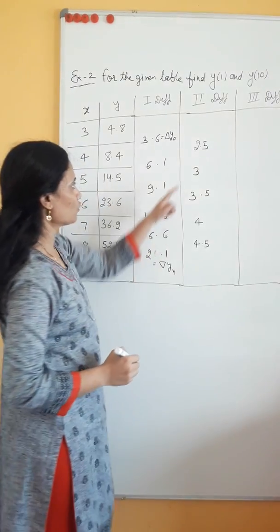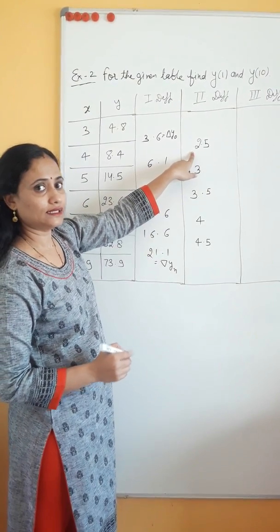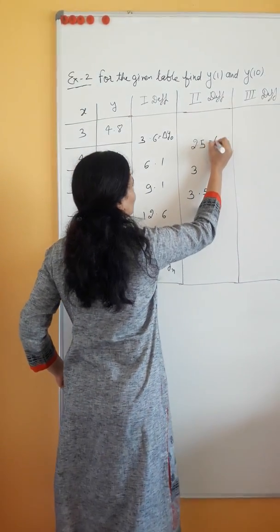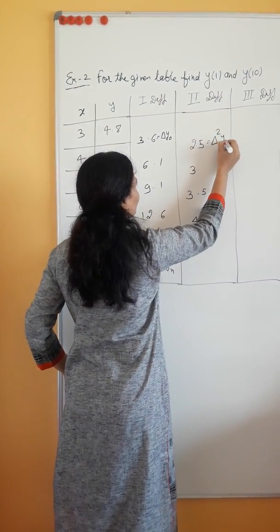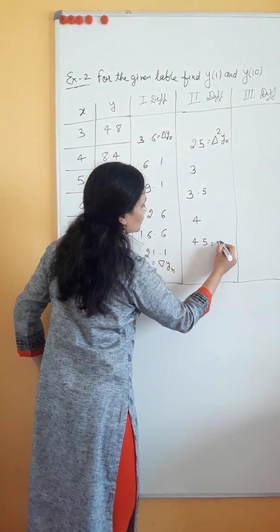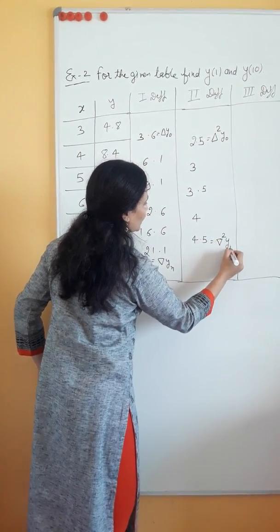Now what are these? The first is the second forward difference, delta square y naught, and the last is nabla square yn.